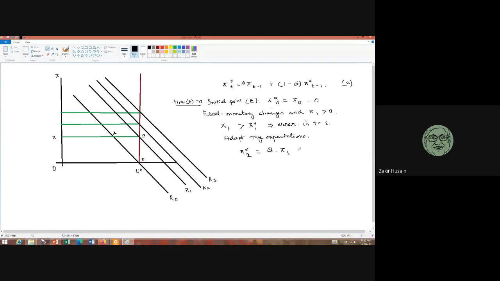Remember, this is now positive, and the expectation was initially 0, right? So now I expect that my inflation rate will be theta into pi 1. Okay, so this is lower than pi 1. So it will be a point somewhat like this.